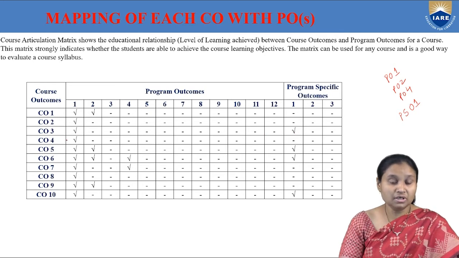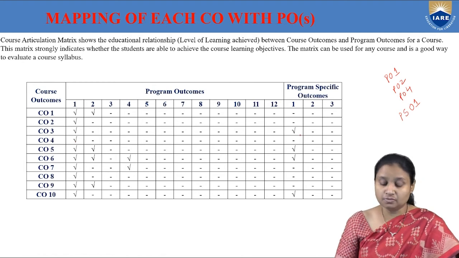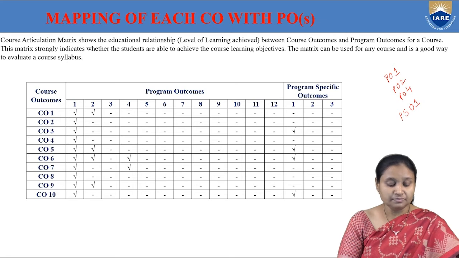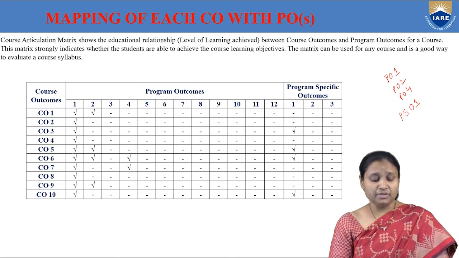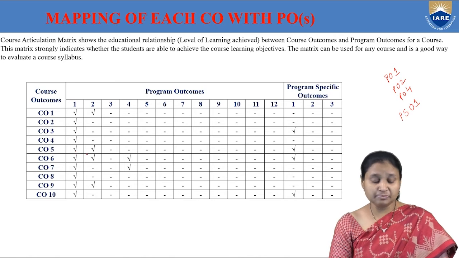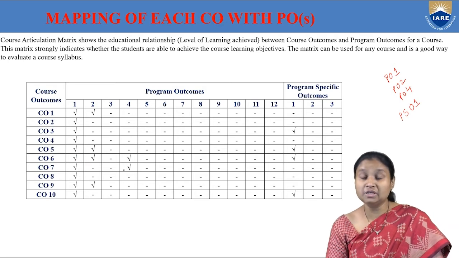And course outcome 4, which is related to solids and semiconductors, is mapped to PO1, where we talk about basics of mathematics and sciences, and of course PSO1. Whereas course outcome 5 is mapped to PO1, PO2 as well as PSO1, and course outcome 6 is mapped to PO1, PO2, PO4 as well as PSO1.